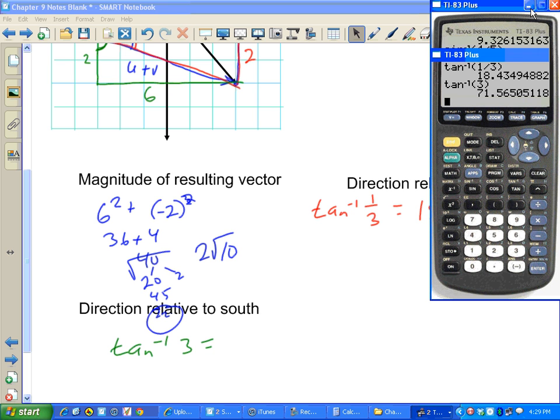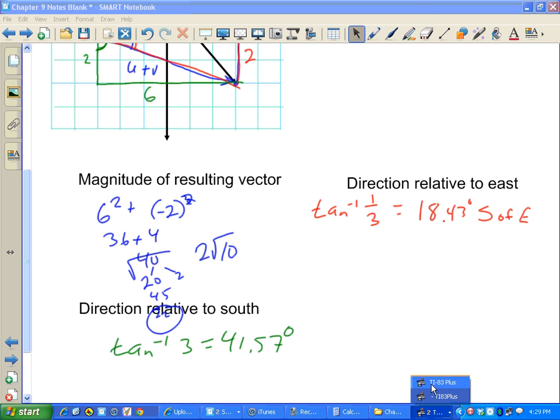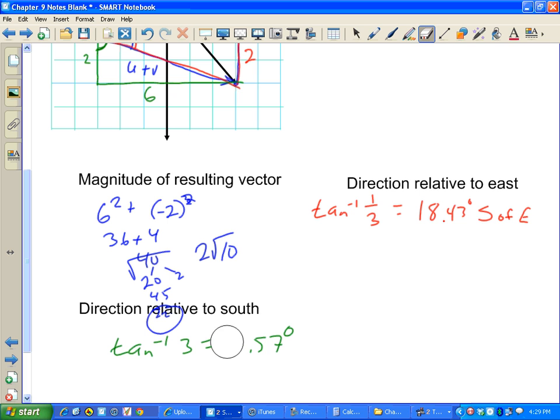71.57 degrees. Is that right? No, 71, not 41, 71. 71 degrees east of south.